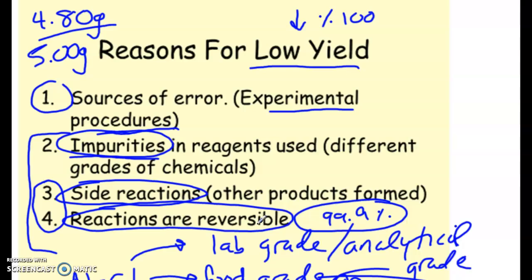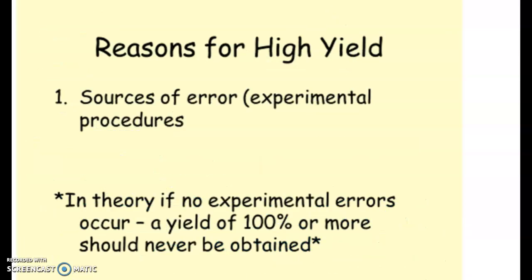But if you decide to take grade 12 chemistry, we spend a whole unit talking about it. This last number 4 is actually a huge concept that we spend 2 chapters worth of time discussing, so it's very difficult for me to do that in a 2-minute section here. But just know that it can be a factor that affects why we don't have as much product as we should.